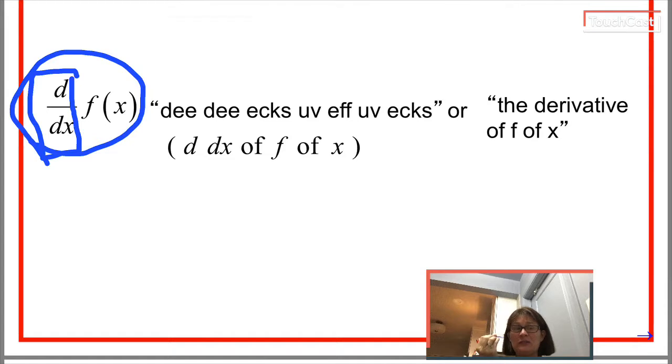There's nothing after that first d. That is not a notation for the derivative. That is an instruction. That's an operator symbol saying whatever comes after me, take its derivative. So when I put it together with f of x, d dx of f of x means take the derivative of f of x, which you could then call f prime of x or df dx.